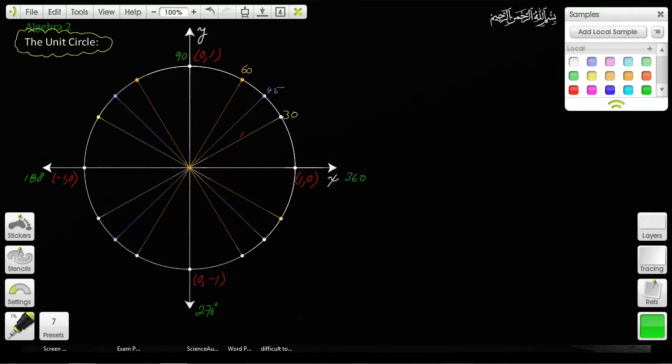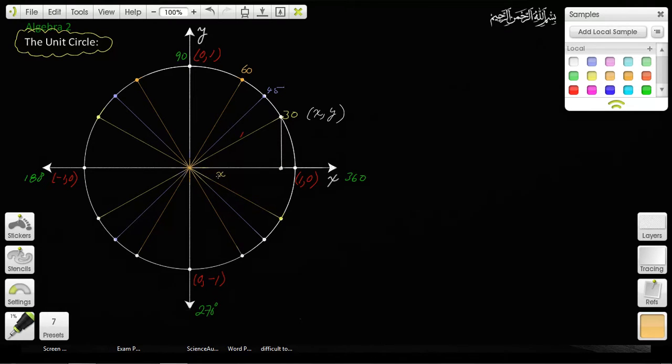Now, the beauty of the unit circle is, of course, the knowledge it helps generate. The first thing to appreciate is that since this unit circle is on a Cartesian plane, every point here has a corresponding ordered pair, x and y. The x value here corresponds to the x value on the x-axis. In other words, this distance from the origin to here is the x value.